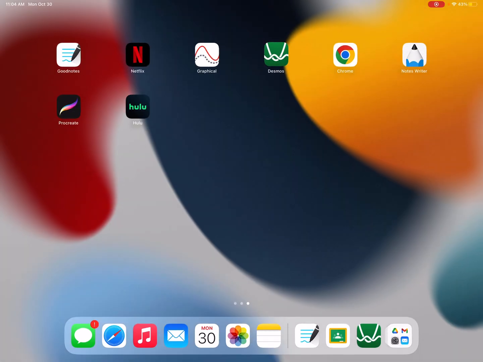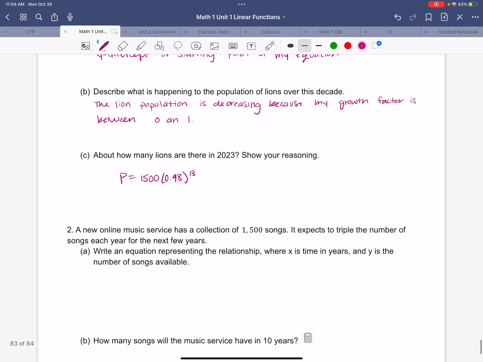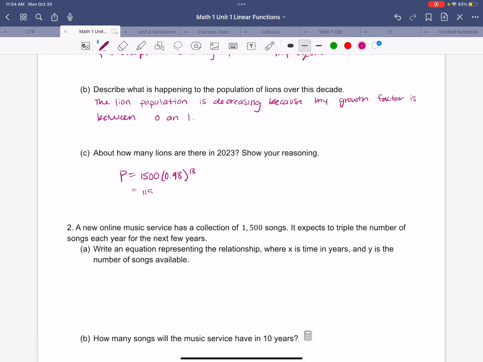So this was what we got on our calculator. The lion population in 2023 is about 1,153, no, 54. I'm going to round up. 54 lions.